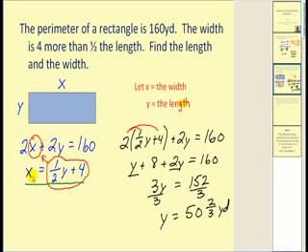Now we're not done, we still have to find x. But over here we have an equation that relates x to y, so let's go ahead and use this. x is equal to 1/2 times y plus 4. Since this is in fraction form, I'm going to go ahead and use the fraction form of y, or 152/3.